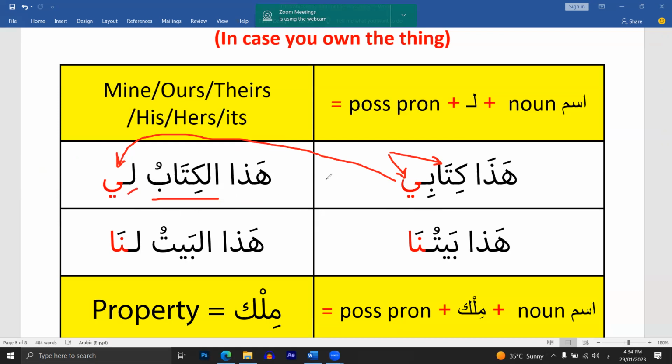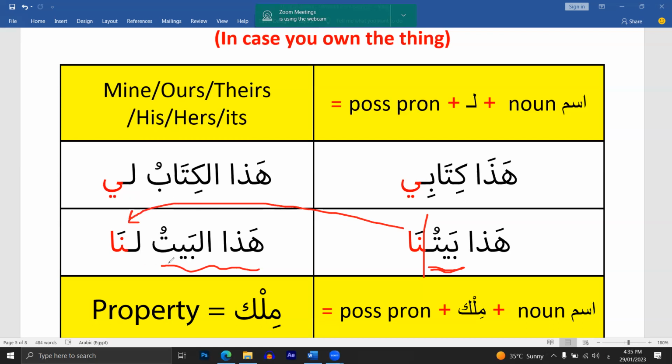I hope you get it. Can you please read the second one? هذا بيتنا. This is our, هذا البيت, you know what بيت means? House, yes. This is our house. So the same case, we will just separate between the noun and the pronoun. هذا البيت. And then we will add the possessive pronoun to the preposition لا.